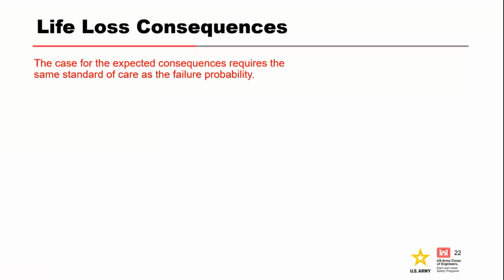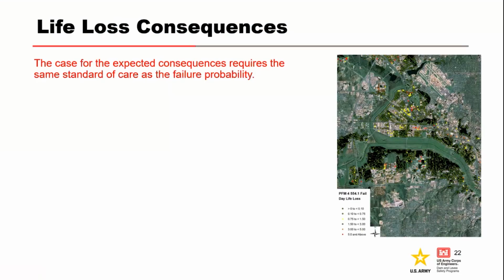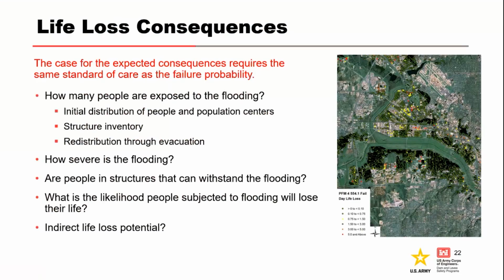So, life loss consequences. The case for these consequences requires the same standard of care to describe as the failure probability. With life loss, talk about how many people are exposed to flooding and where they're at, whether it's industrial or residential, and what structure inventory you used.